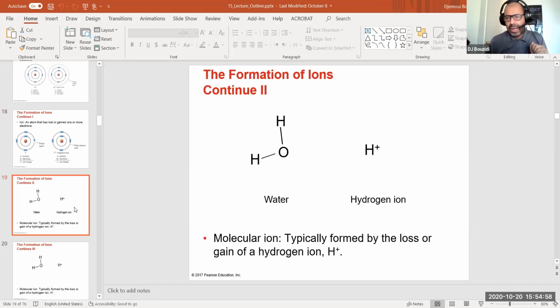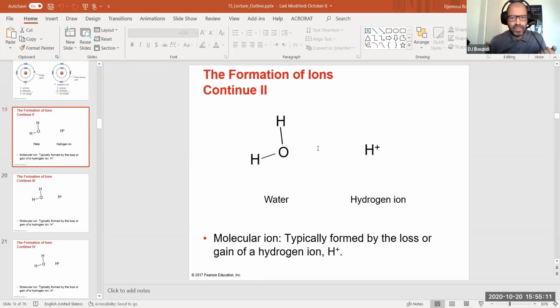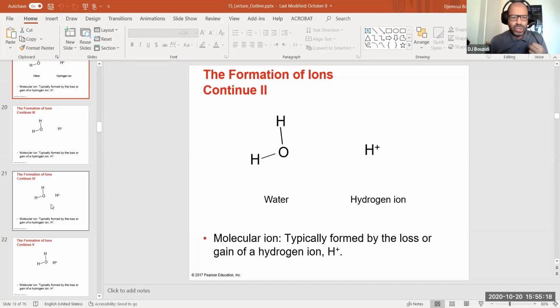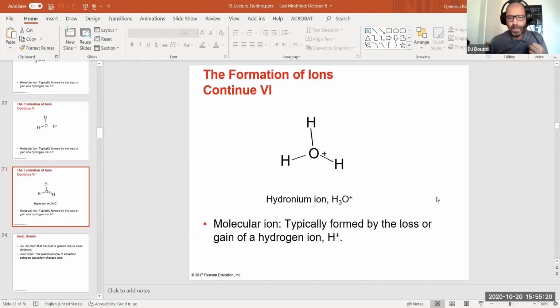Okay, molecular ions are similar in a sense, but in this case, you either gain a hydrogen ion or lose one. At the end, as a molecule, you will have a charge also. So, for example, water gaining an extra hydrogen ion will look like this.